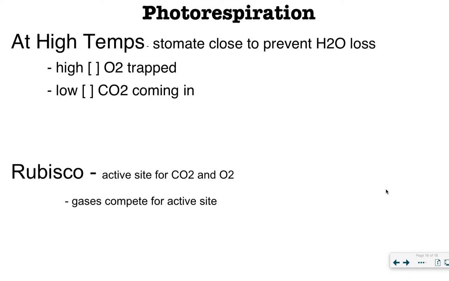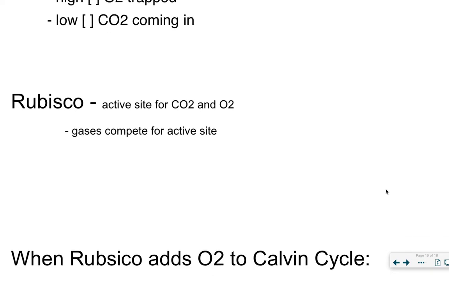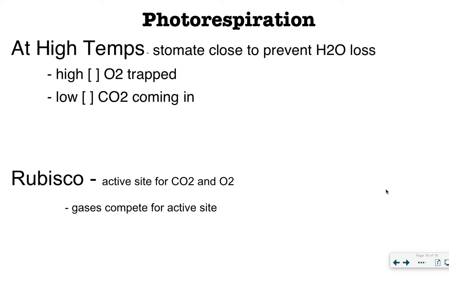Lastly, I want to end by talking about the special case of photorespiration, which really is a negative situation that a plant might find itself in when it is trying to prevent water loss. So at very high temperatures, when water is scarce, plants typically close their stomata in order to prevent wasteful water loss in the leaves. But in closing the stomata, you are now, as a plant, preventing gas exchange.